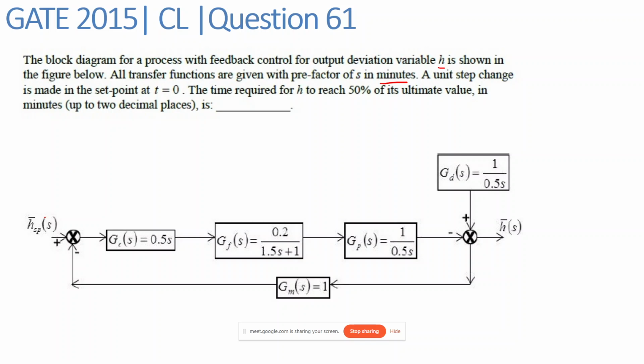So here again we are giving a step change in the input, that is changing the set point by a step change, and correspondingly we have to find the time that will be taken by the system to reach 50% of the ultimate value.